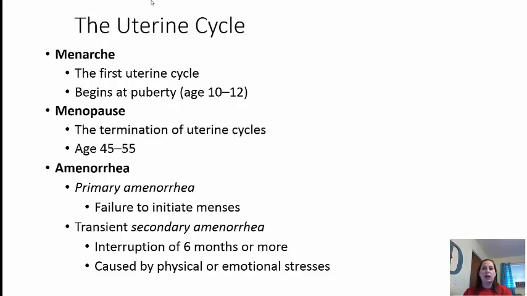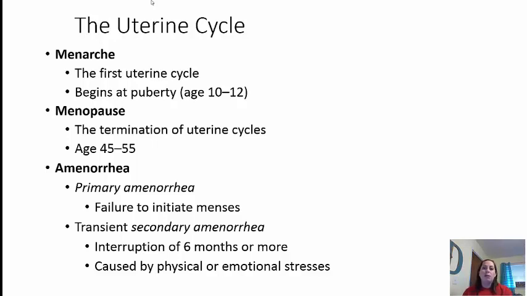Now, this happens a lot of times in individuals who never reach that body fat index. One of the best examples is gymnasts. If you look at gymnasts, a lot of times even though their age is like 22, they look very young, like their body looks like a 12-year-old except for all the muscle. Part of this is because they are so fit and their body fat is so low, they actually never start their menstrual cycle until they get older.